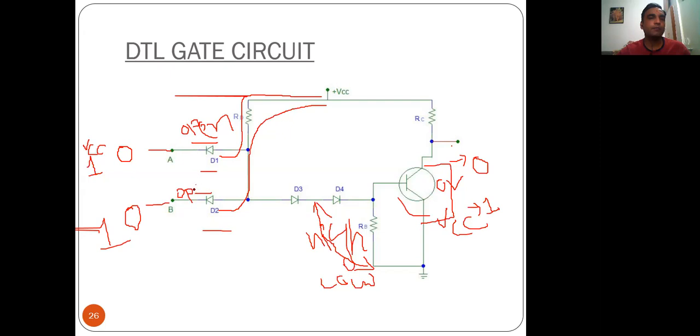So now friends, you have understood when D1 will be on, when D2 will be on, and when the transistor will be on. Now we have to understand how this will operate.